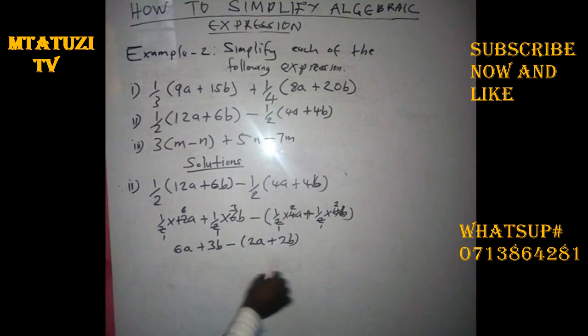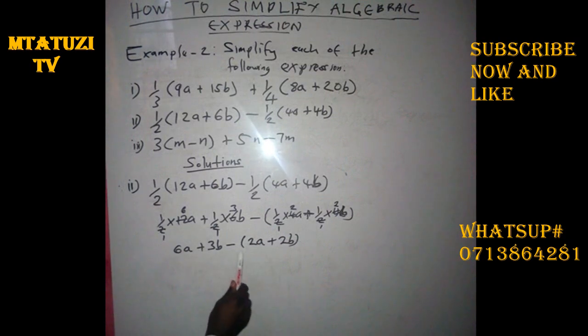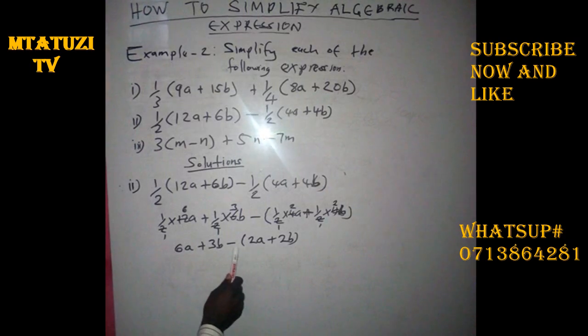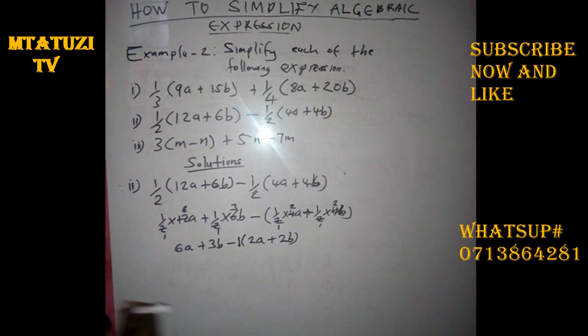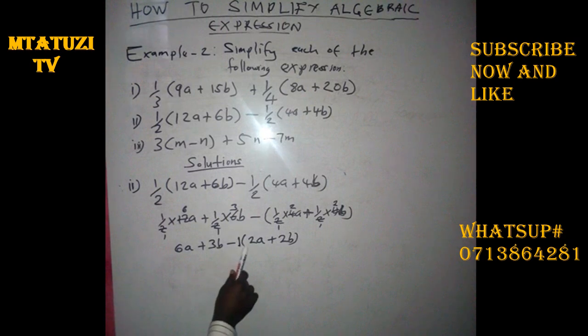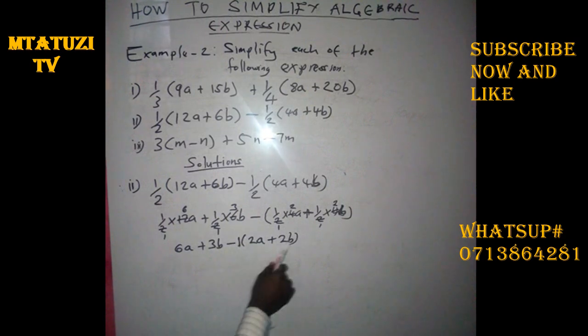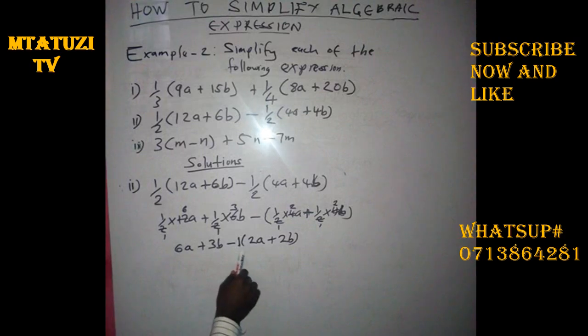Remember, between the bracket and the negative sign there is a 1. If there is no number given, you have to know that there is a 1 between the bracket and the negative sign. So in order to open the bracket, you do not multiply by 1. You take it as a negative 1.